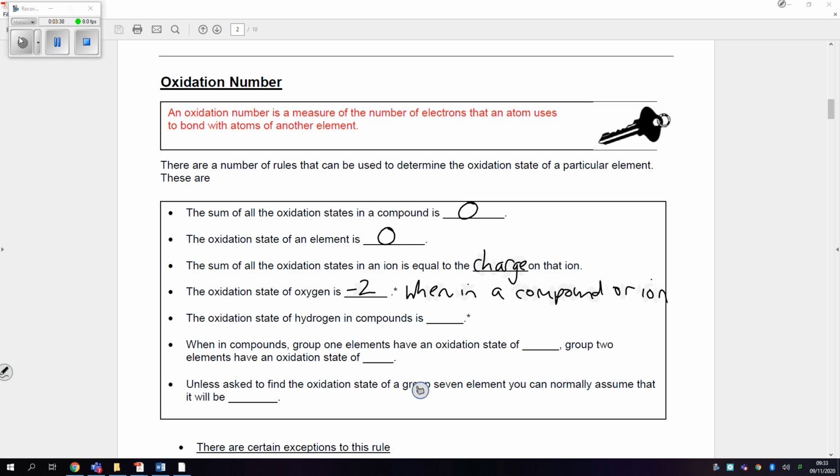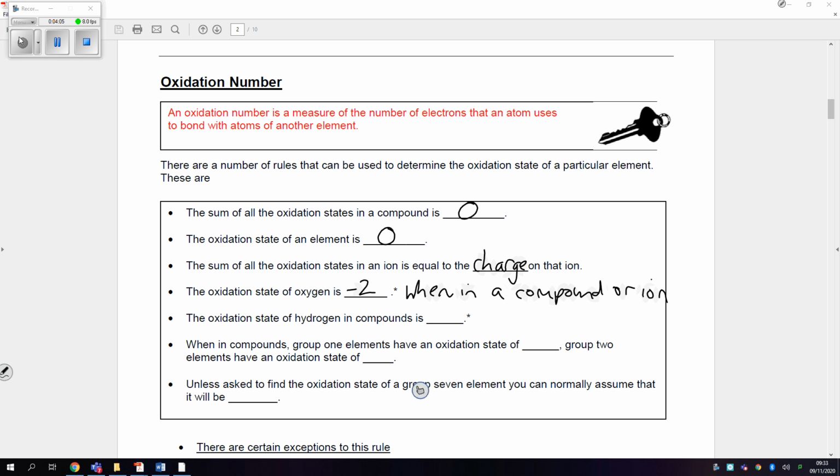When you think about oxygen inside ionic compounds, it would have a charge of 2-. There's a slight difference there, isn't there? -2 for oxidation state, 2- for the charge on the ion. So when we're talking about a formal charge, the number is followed by the sign. When we're talking about an oxidation state, we have the sign followed by the number.